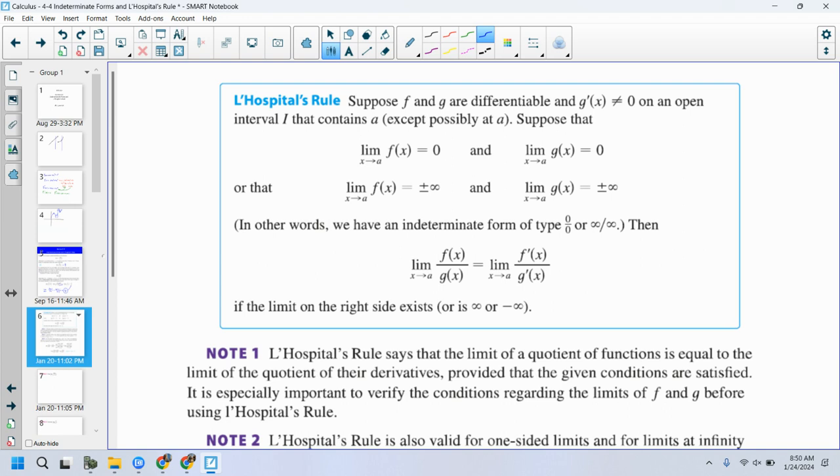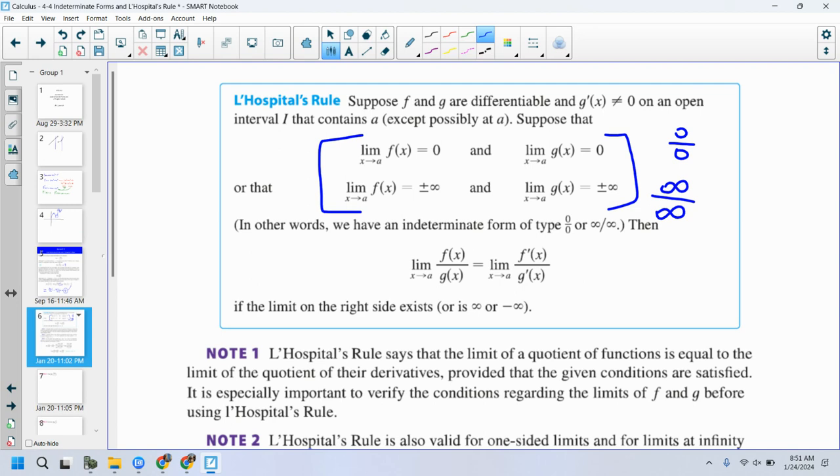Now, this whole chunk is saying you get a 0 over 0 or the other indeterminate form, infinity over infinity.